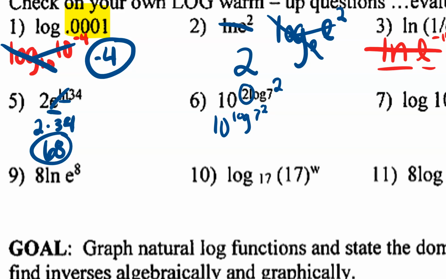If there's no base written, we know that this is log base 10. So I should write that better, sorry. So really what we have here is 10 to the log base 10 of 7 squared. The big base 10 and the log base 10 cancel out. We're left with just 7 squared, or 49.